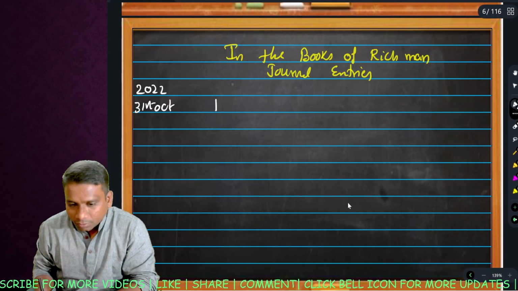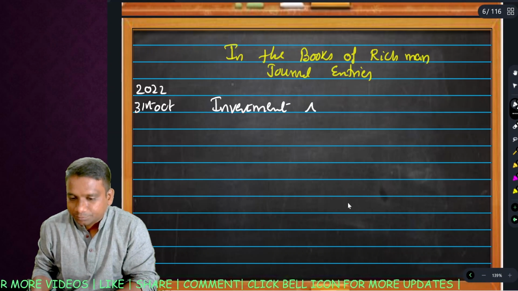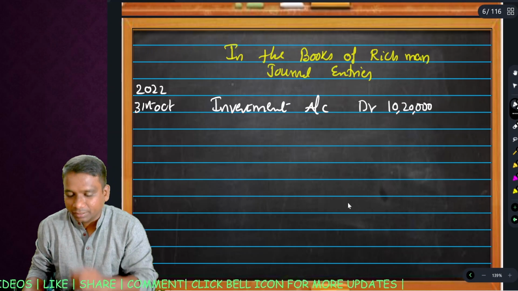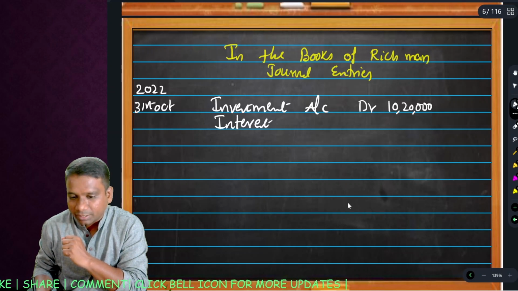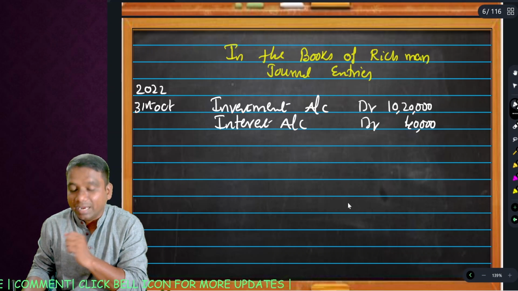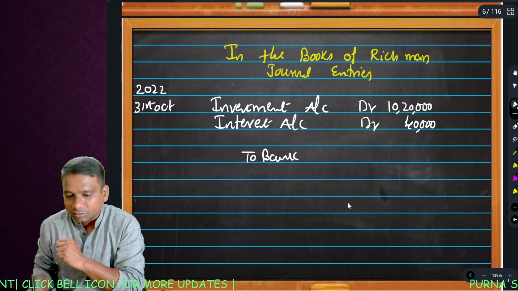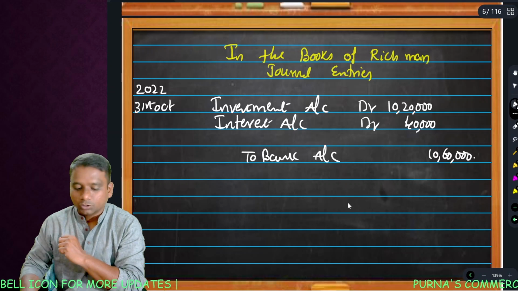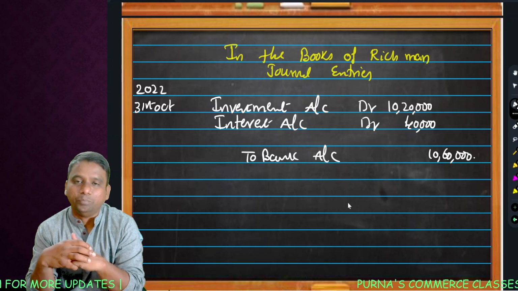Now tell me, towards investment, how much amount he paid? So investment account debit 10 lakh 20,000 he paid towards investment. And towards interest, how much he paid? So interest account debit 40,000. Whereas total amount he paid how much to bank account? 10 lakh 60,000. So this is the entry in the books of Rich man under ex interest basis.